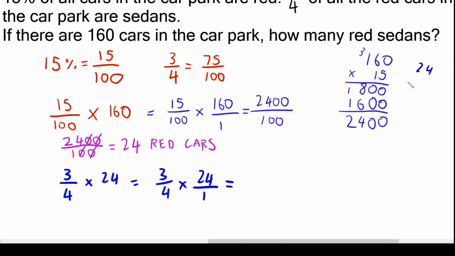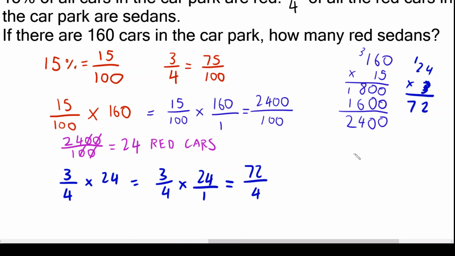That'll be 24 times 3. 3 times 4 is 12. Put down the 2, carry the 1. 3 times 2 is 6, plus 1 is 7, 72. Okay, 72. 4 times 1 is 4.